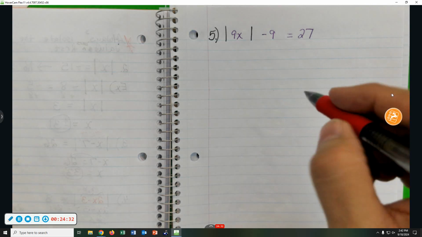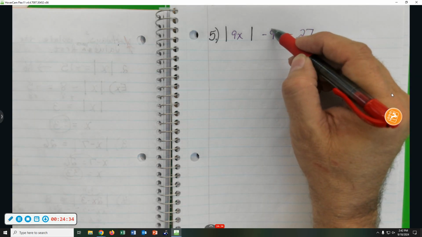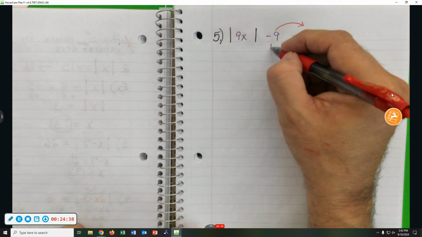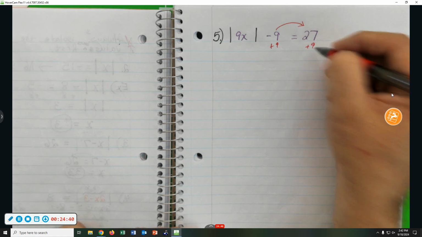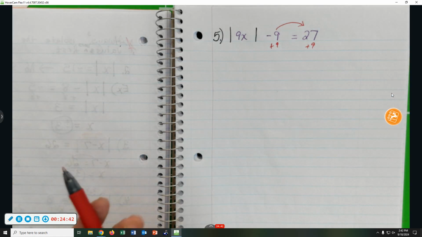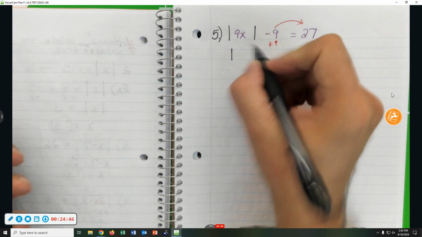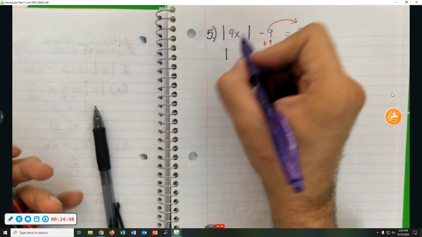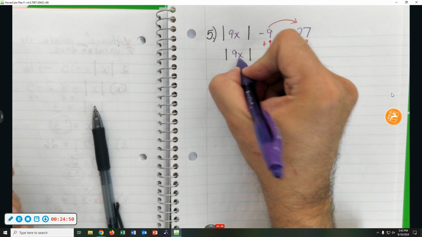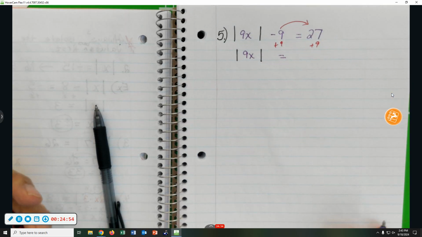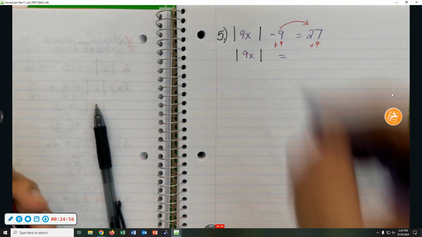On this one, what am I about to do? Move that 9 over. It doesn't matter if you say it like that or like this. Either way, you're adding 9 to that 27. So we have absolute value of 9x equals, let's see, 27 plus 9 is 36.